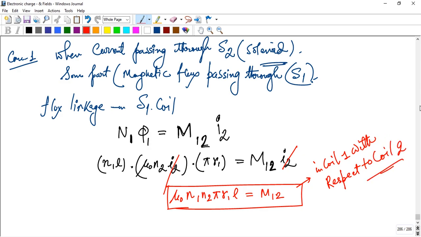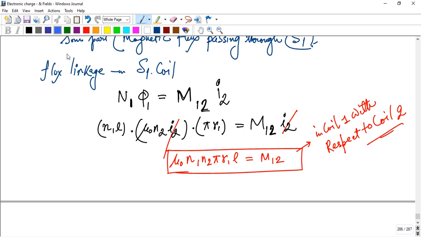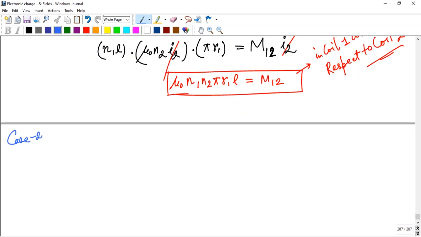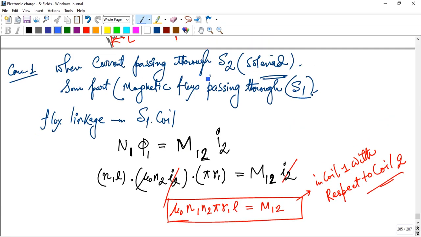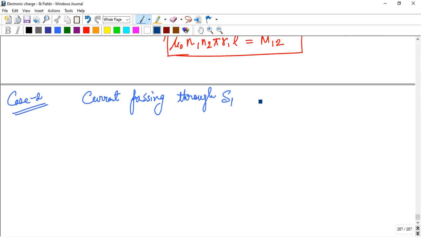Now case number 2: a current passes through S1, and there is a flux linkage on the S2 coil, or solenoid. The flux linkage on S2 is equal to N2, the number of turns in coil 2, times phi 2.